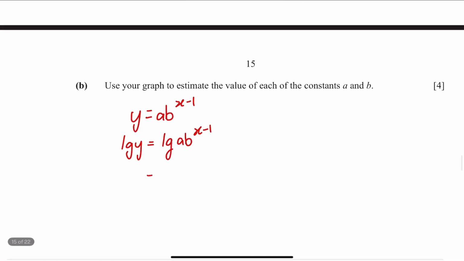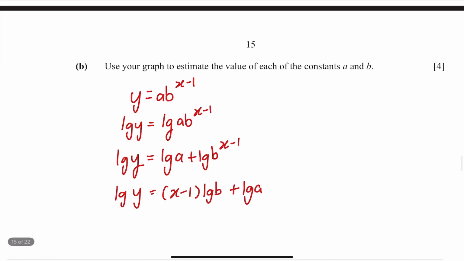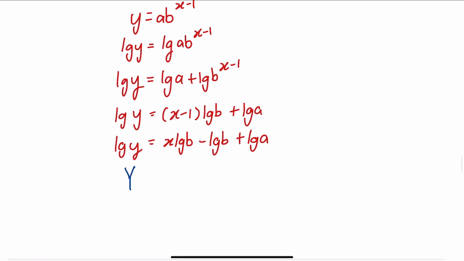Then I separate by my product rule, log a plus log b^(x-1). Therefore, log y is equal to (x minus 1) times log b by power law plus log a. This will be x log b minus log b plus log a. So this is my straight line graph, y equals mx plus c.